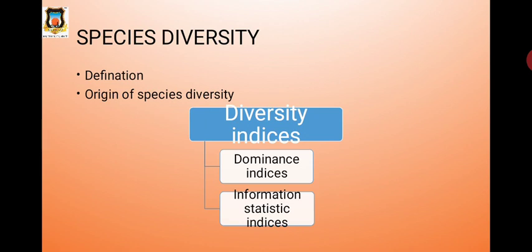Dominance indices are weighted toward the abundance of the commonest species, and a widely used dominance index is Simpson's diversity index. Then information statistic indices take into account the rarity of species in a community. They are based on the rationale that diversity in natural systems can be measured. So these are the species diversity.